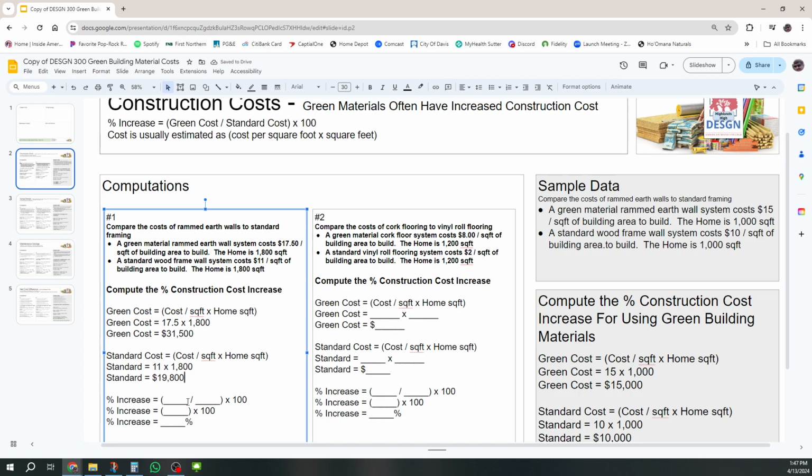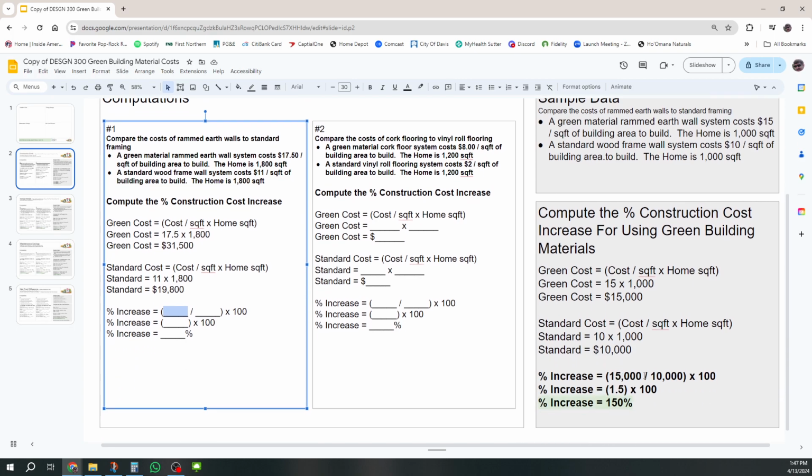So now my percent increase. Okay, so that's going to be my, come on down here, green divided by standard, 31,500 divided by 19,800.